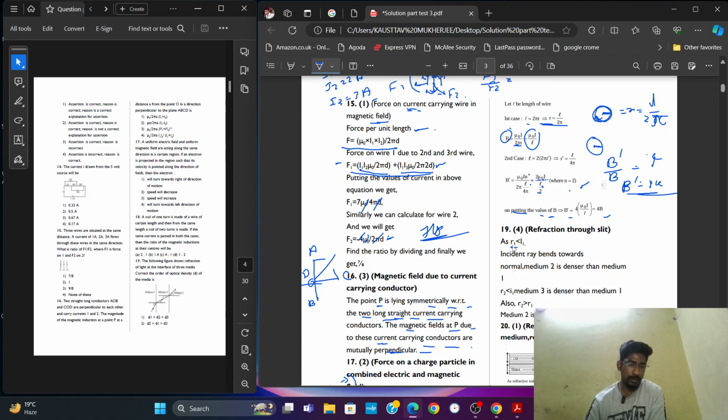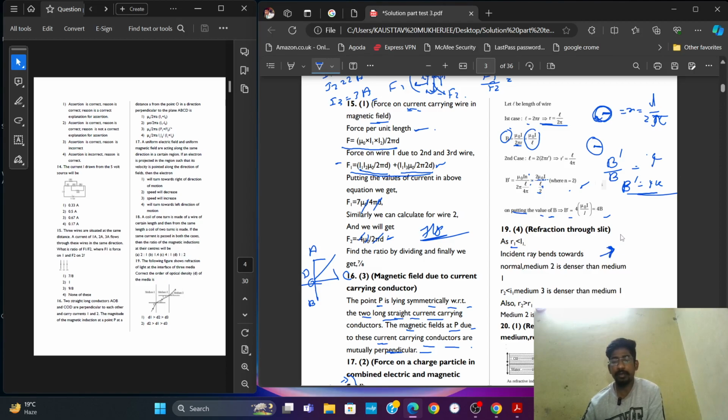As in the case from the first plane to the second plane, the ray is moving towards the normal.